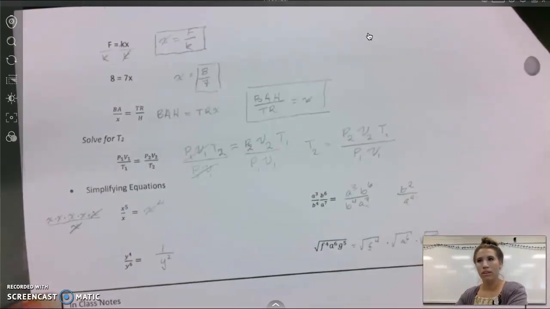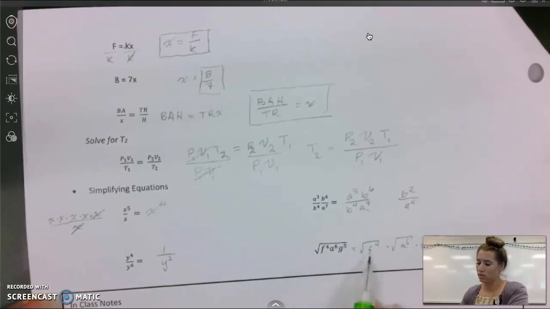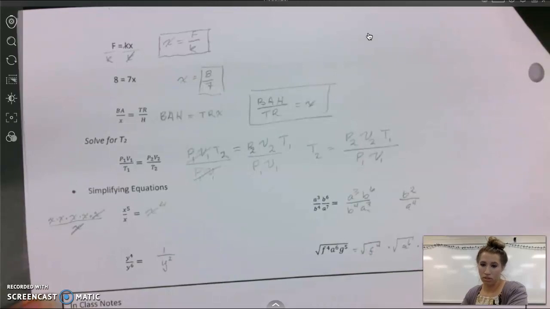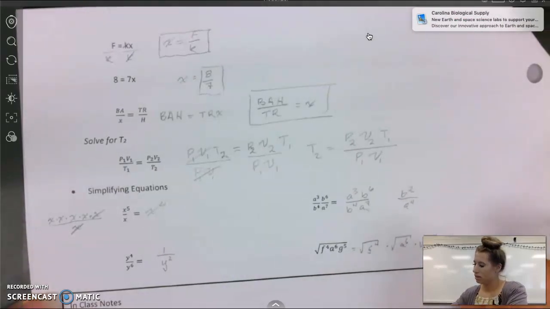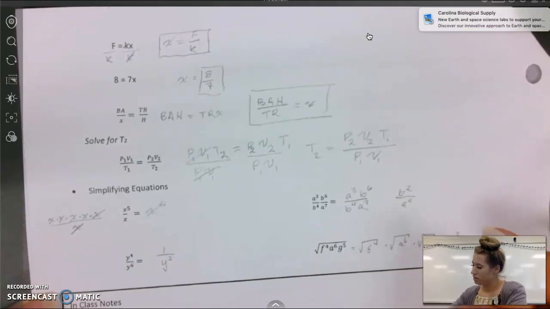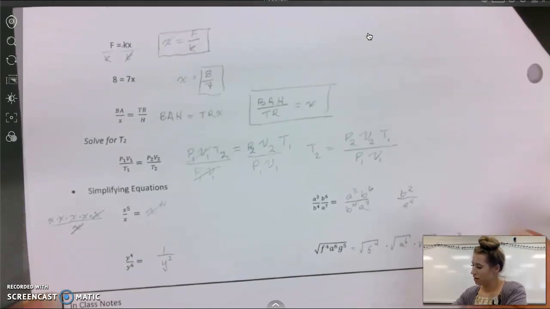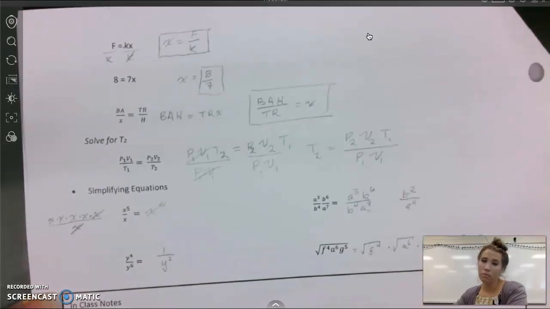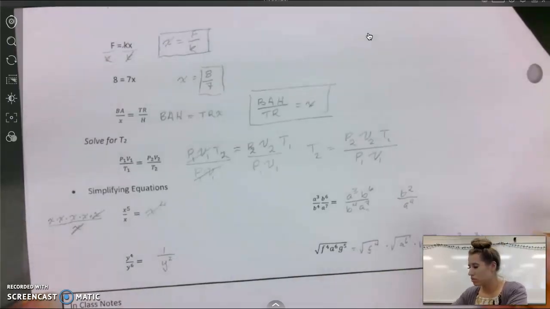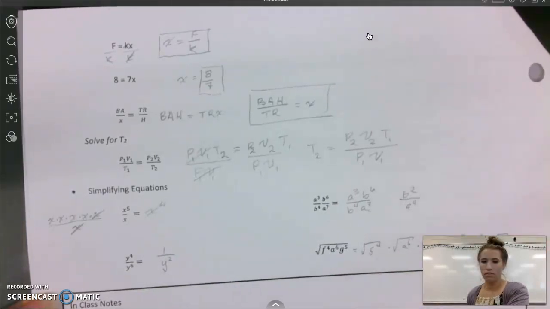And then with exponents, if we have a square root of an exponent, it's dividing the exponent by 2. So this would be the same as f to the 2nd times a to the third. Now, 5 doesn't easily divide by 2, and we don't want a decimal or a fraction as our exponent, so we'll leave it in the square root, times the square root of g to the 5th.